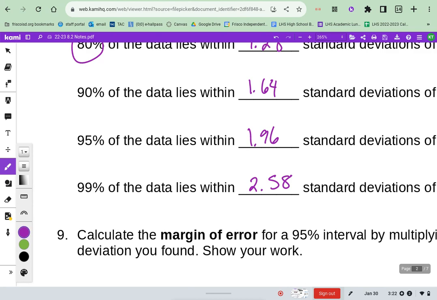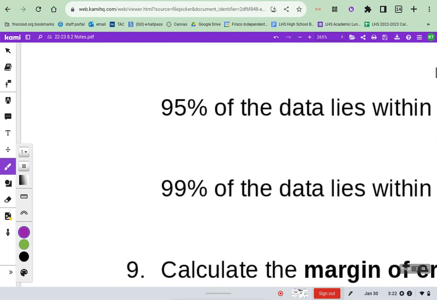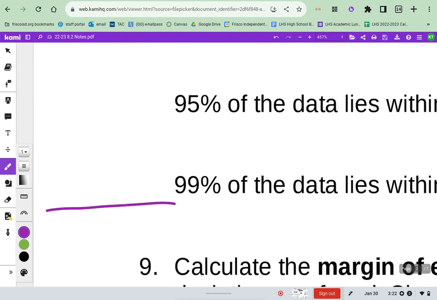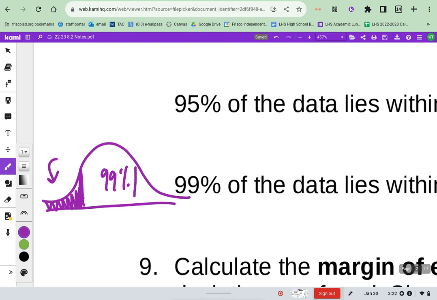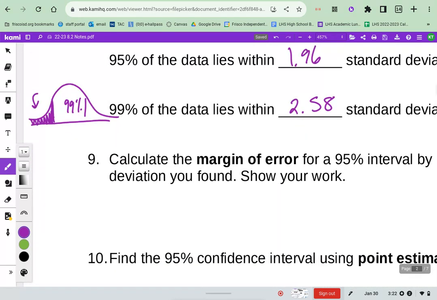Yeah, I'll draw you a picture for this one. For this last one, we've got 99% of our data on the inside. So what I'm going to plug into inverse norm is the amount left in one tail. Since there's 1% left over for both tails, half of a tail is half of a percent. Yeah, I understand that.